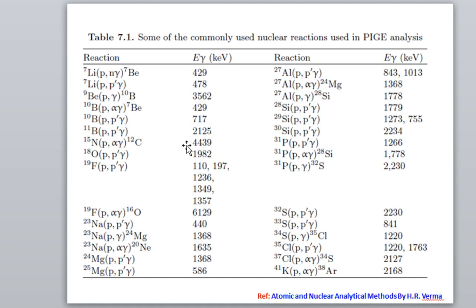If in any reaction gamma is emitted and you probe the gamma, that is proton induced gamma ray emission. In all these nuclear reactions a proton is used: proton on lithium, beryllium, boron, nitrogen, oxygen, fluorine. Normally in PIGE, a proton beam is used to get the gamma. This is the energy of the gamma, and one can probe it and analyze which elements are present in your sample.